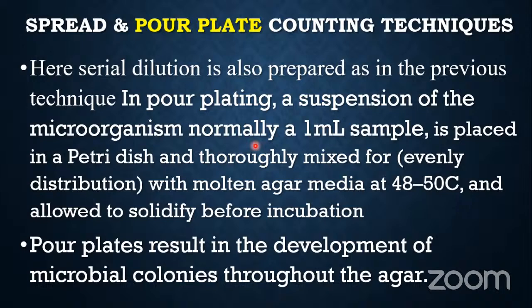After incubation, the growths are enumerated because there will be different microbial growth which can be seen throughout the surface of the agar. So both methods will allow you to count the organisms that grow.